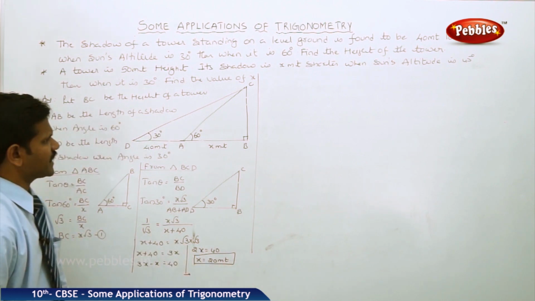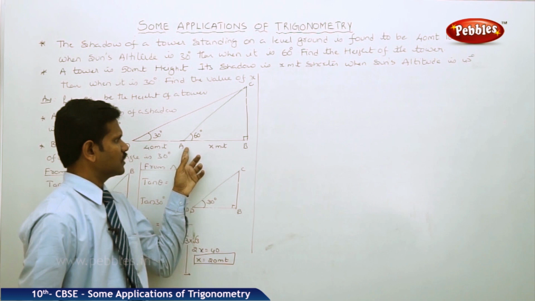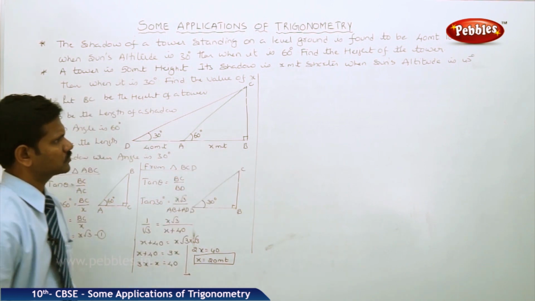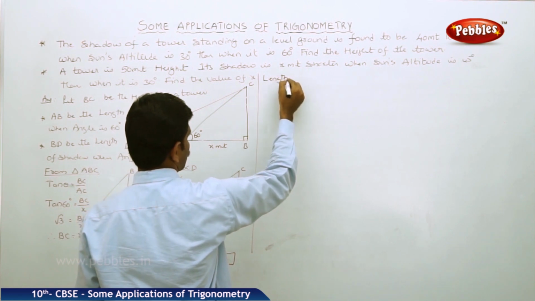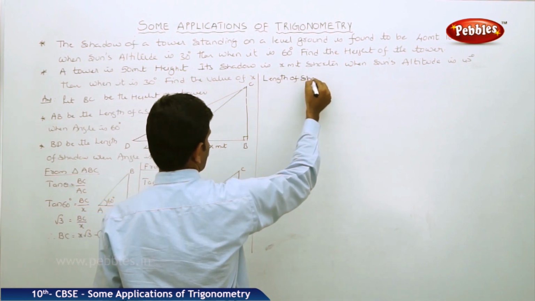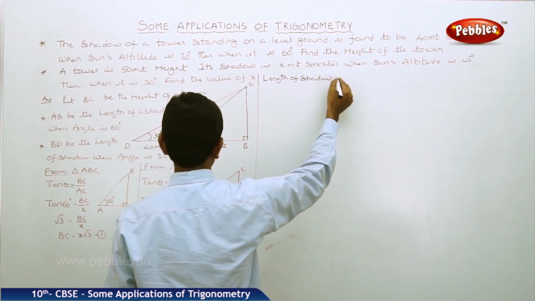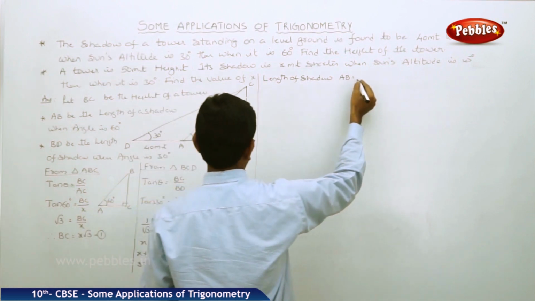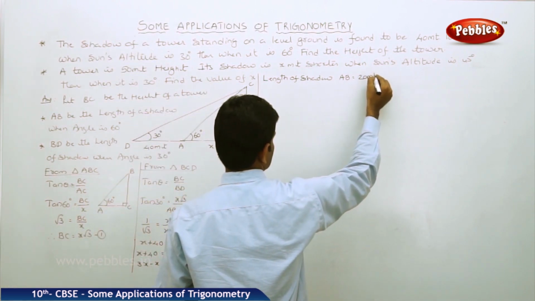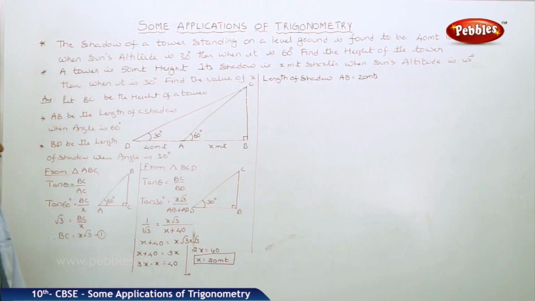Now what is the x in the question? That is AB value, that is length of shadow. AB is equal to 20 meters. Length of the shadow AB is equal to 20 meters. Now after that, we have to find the height of the tower. Now we have to find the height of BC value.